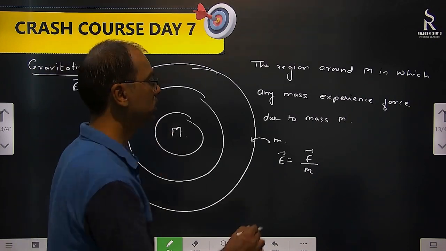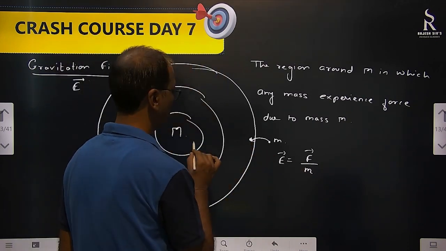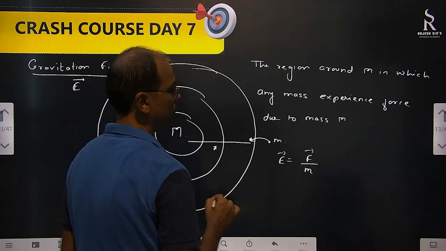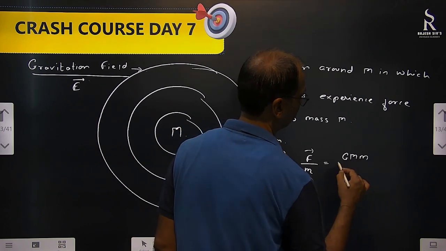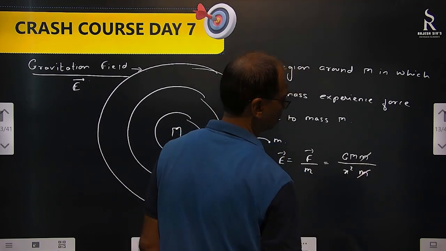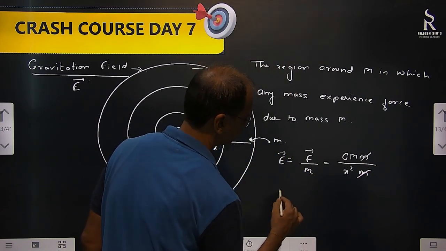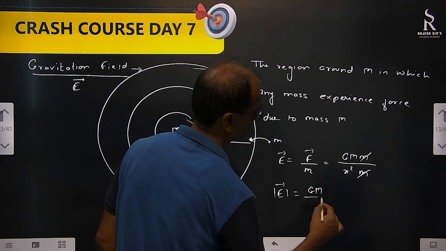So E is equal to F by m. If we are bringing it over here at distance x, then the value is G M m by x square, and the mass m gets cancelled. So the E value is GM by x square.